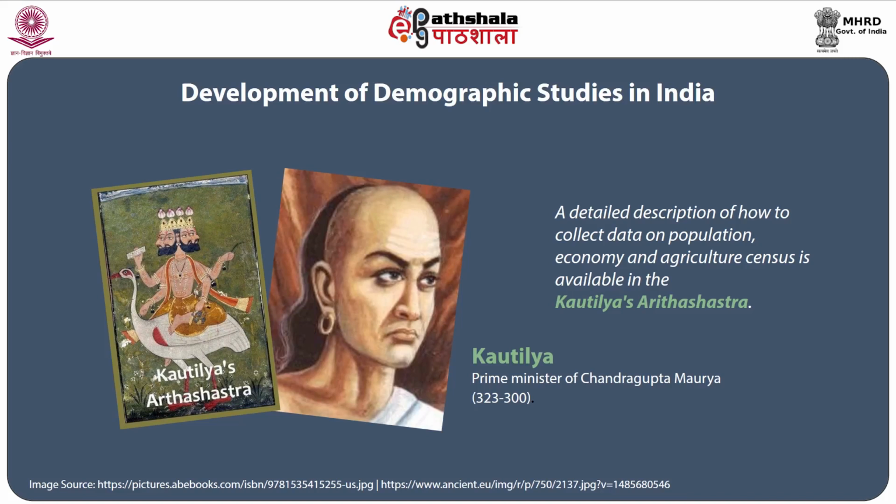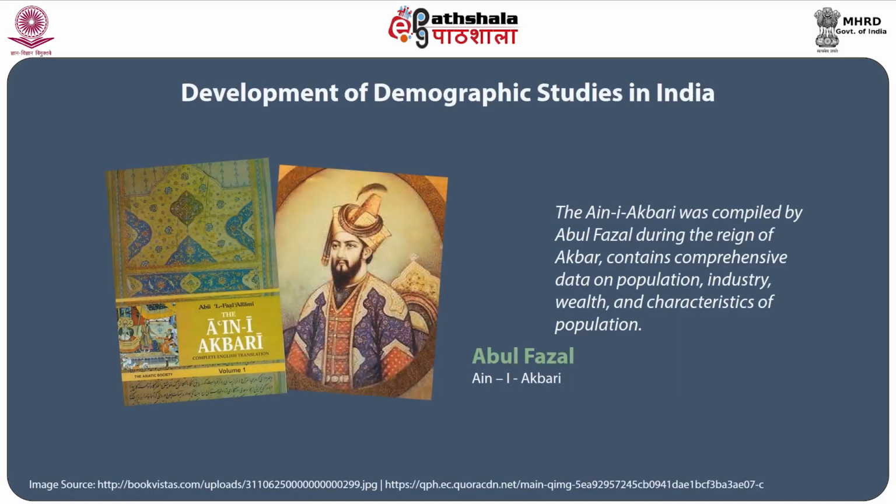Kautilya was Prime Minister of Chandragupta Maurya, 323 to 300 period. The Ain-i-Akbari was compiled by Abul Fazl during the reign of Akbar, and contains comprehensive data on population, industry, wealth, and characteristics of population.